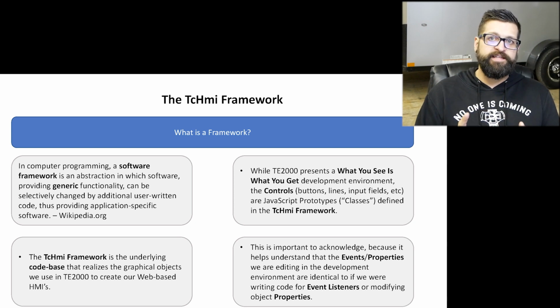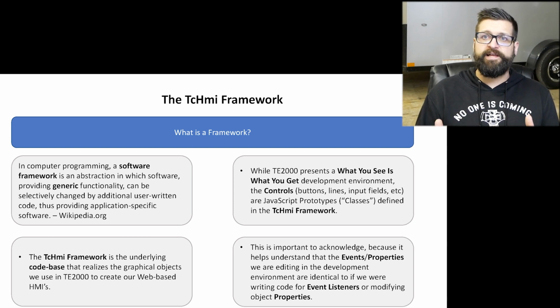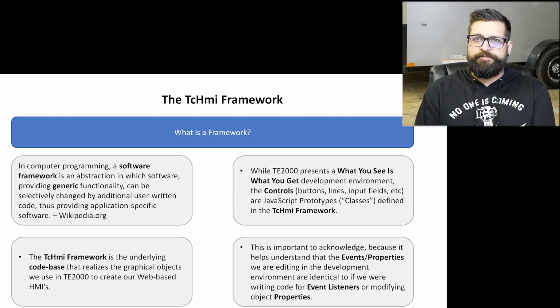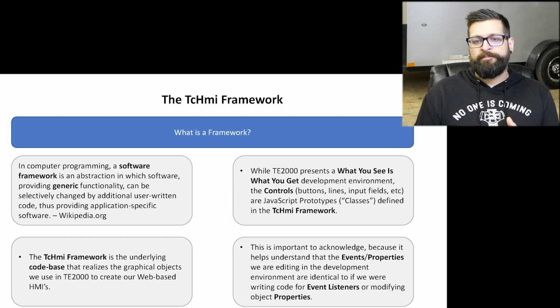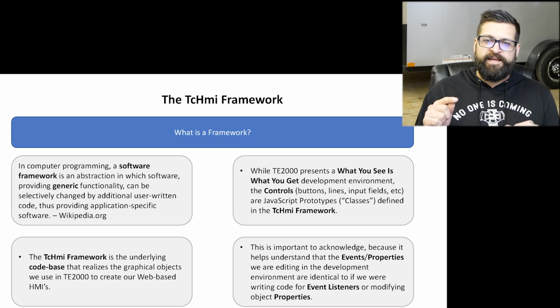And then the other thing that's really important to recognize is if you're going to write custom or just plain HTML in the development environment, certain elements that you're used to in HTML, those properties don't necessarily exist on, let's say, a button, for example. A button in HTML will have some functionality that a button defined in the TcHmi framework won't. So a TcHmi.controls.button is its own object.